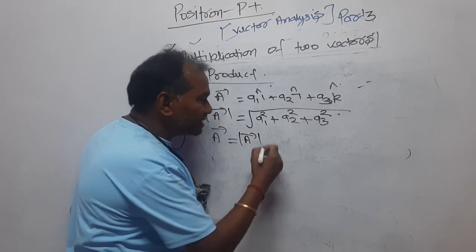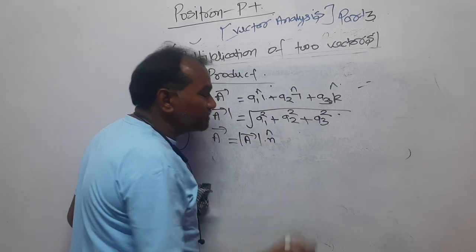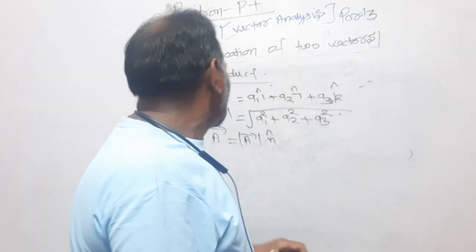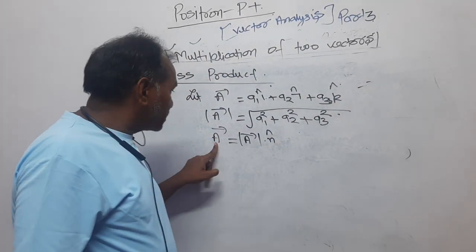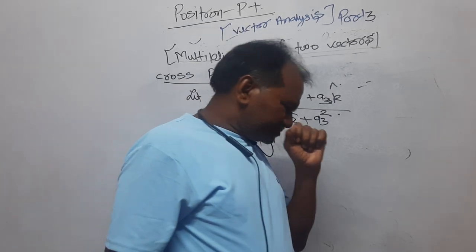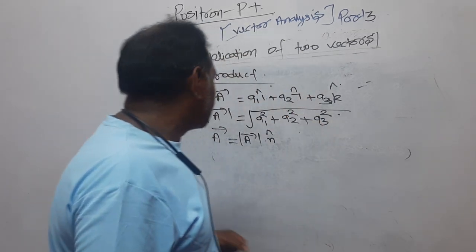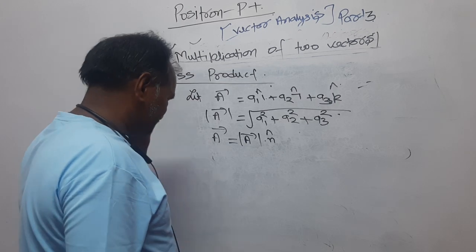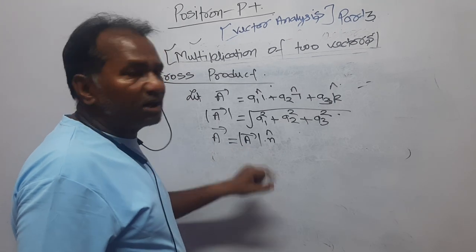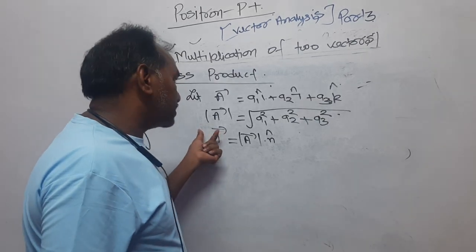Now for the direction, further I am writing n cap. N cap is a unit vector which is representing the direction. Dear students, again I am repeating my words. Vector A is equal to mod of vector A into n cap. Means A is a vector quantity.